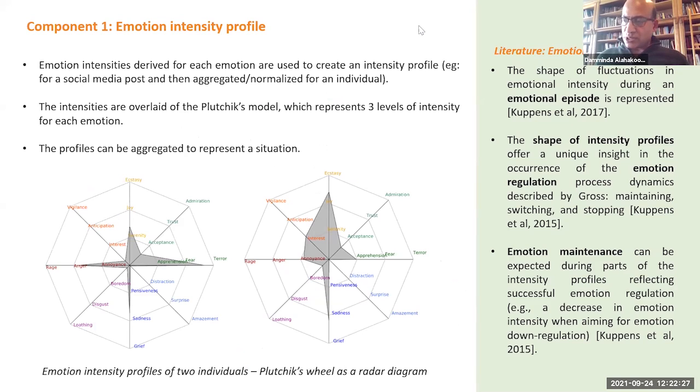Text sources and social media go through a number of NLP, natural language processing, steps to generate first of all the emotion intensities. These consist of an 8-dimensional vector. The emotion intensities are then laid upon Plutchik's wheel, which I have shown here as a radar diagram.